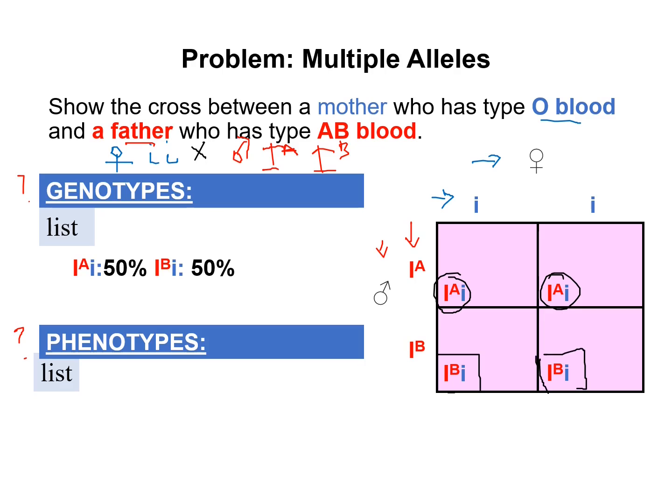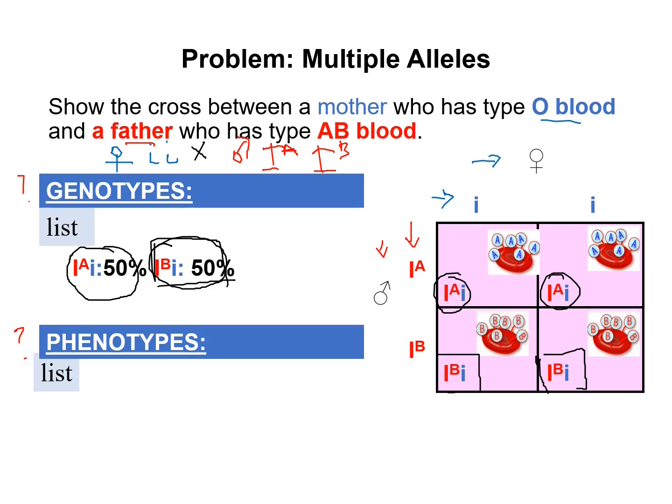So you're going to have one with this genotype that will be A, and this one with this phenotype that will be B. The phenotypes will also be very easy to solve: 50% of them will be A, and 50% of them will be B. So pretty easy.